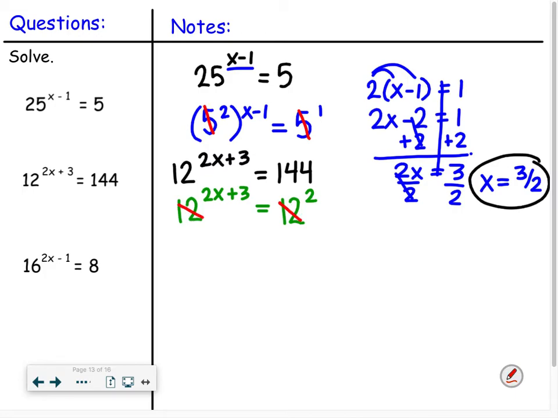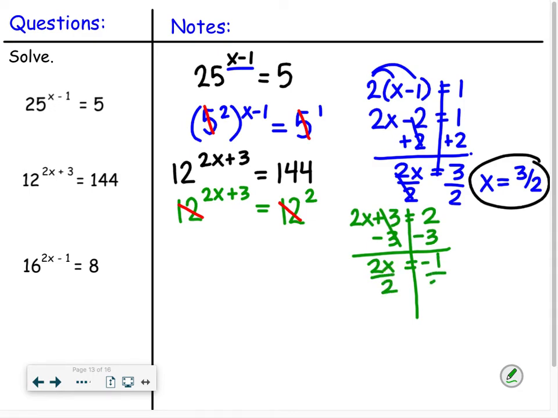Cancel the common base and set the exponents equal to each other. So for this one, 2x plus 3 equals 2. Subtract 3, and 2x equals negative 1. Divide by 2, x equals negative 1 half.